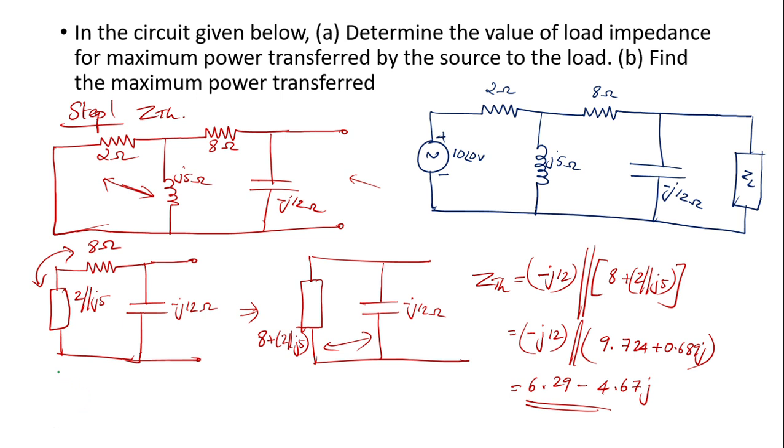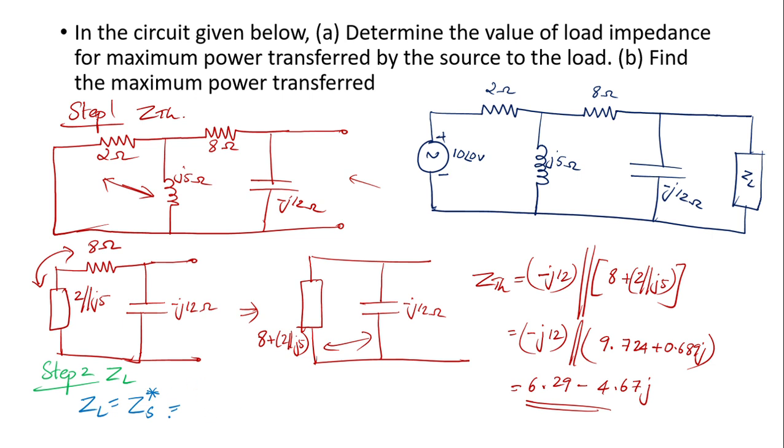Now once you get the value of ZTH, in your step 2 you need to find out the value of the load impedance. I had already mentioned that the load impedance will be the complex conjugate of the source impedance. And how do you find the complex conjugate?